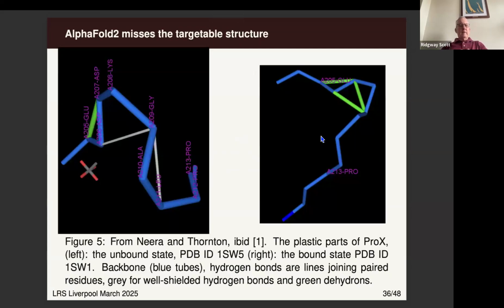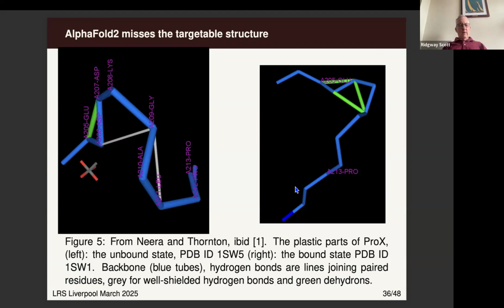Okay, so let's look at Janet's data. Here are the two structures that she put into the Protein Data Bank. One is bound and one is unbound.